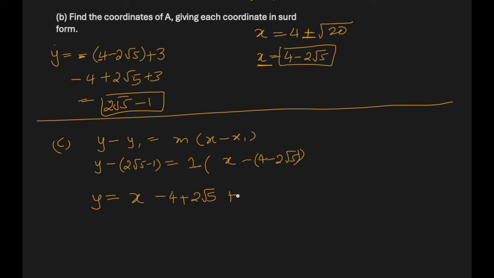Okay, plus 2 square root 5, plus minus 1. Because of this, minus will become positive here. No change in these signs. So y equal to x minus 4 and minus 1 is minus 5, plus 4 square root 5. This can't be simplified further.